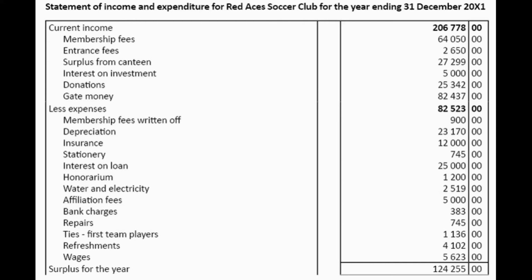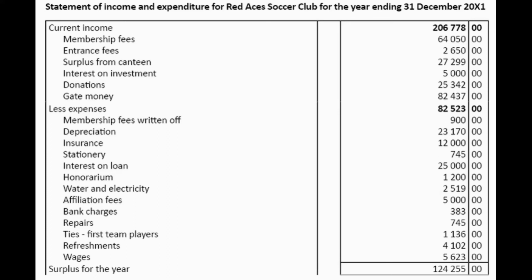So if you write back that adjustment, you will debit your wages and credit expenses prepaid. Okay, so you have a debit amount in your wages account of 600, and then you will also have that amount that you've paid during the year for wages, which was 5023. So if you add that 600 Rand, the writing back of that adjustment, and the 5023, you get an amount of 5623 for wages.